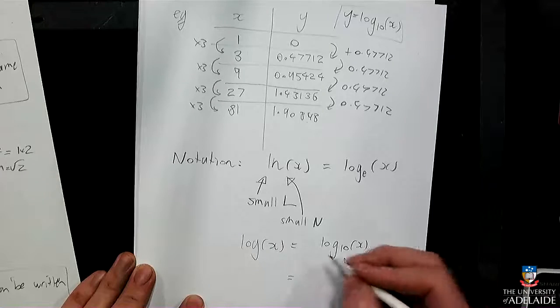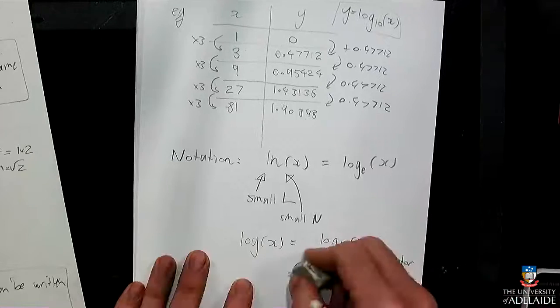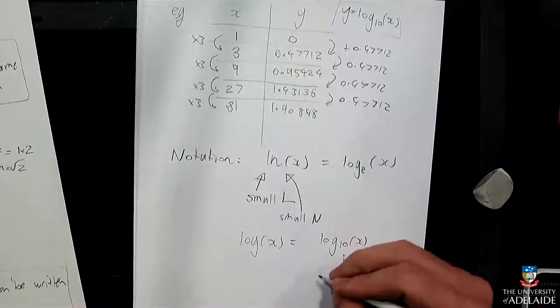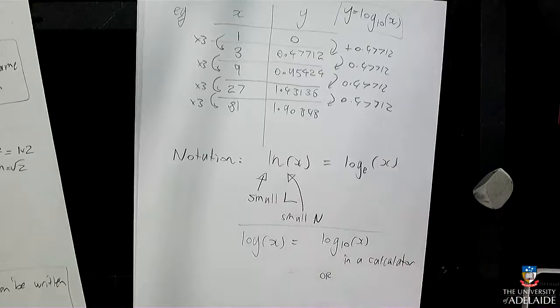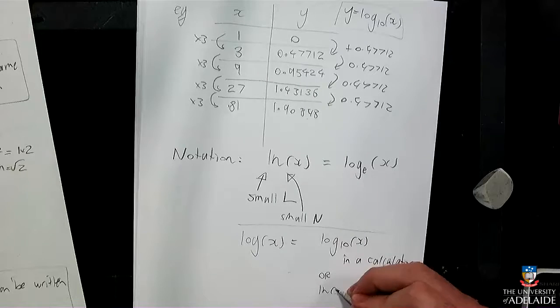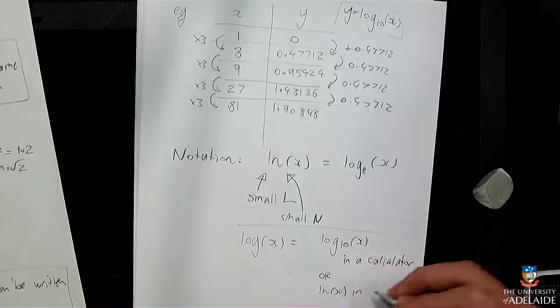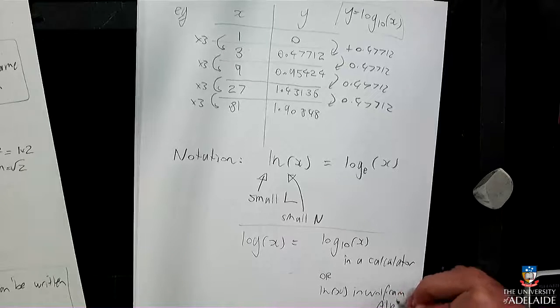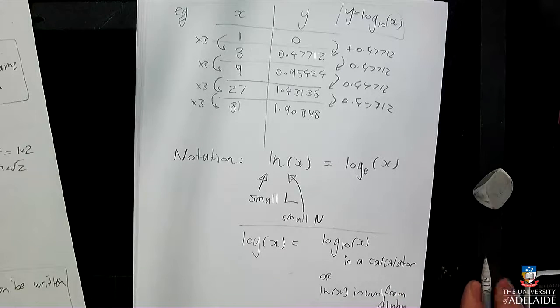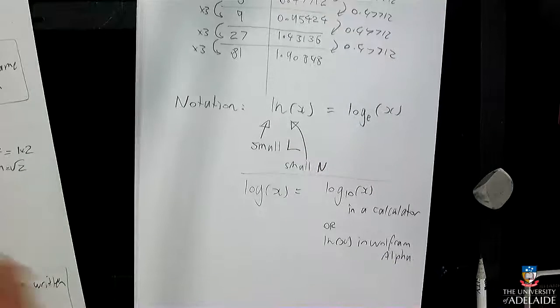But it will be ln of x in Wolfram Alpha. So if you're in the online calculator Wolfram Alpha and you see log x, it means ln of x.